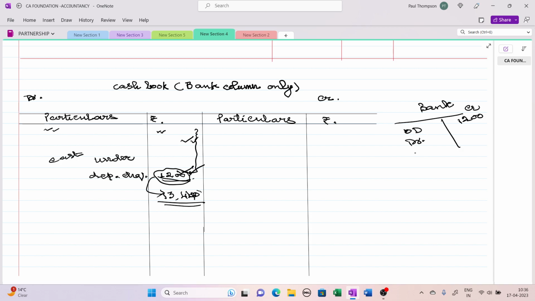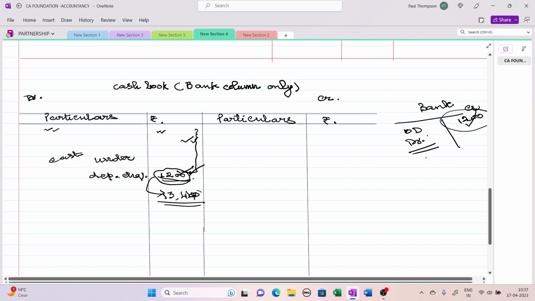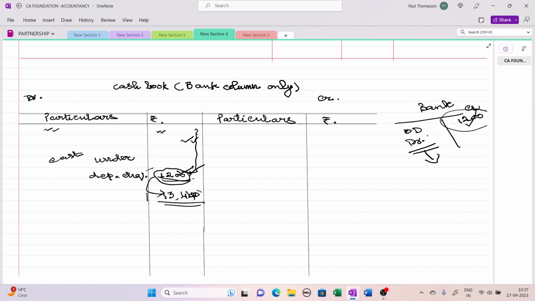So this debit balance and there is a credit figure means the balance will come down. Here my overdraft has gone up because I have not taken into account this 1,200. But in bank, this overdraft would have come down because they have taken this deposit.